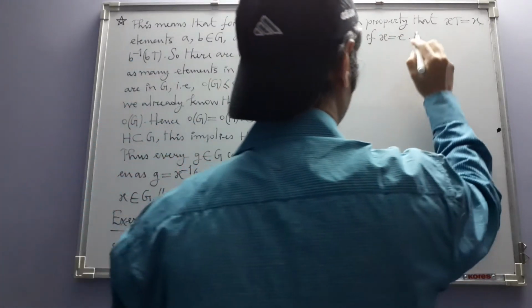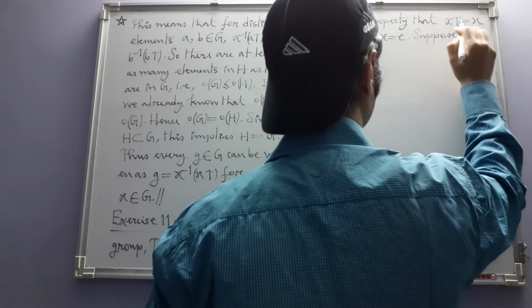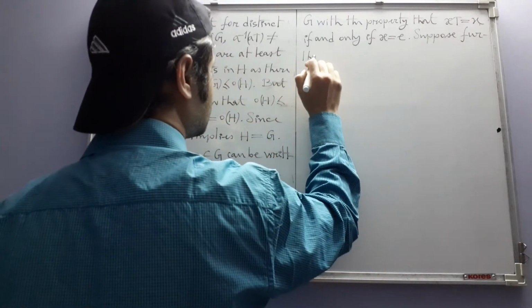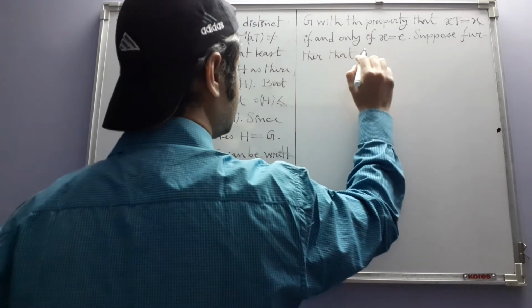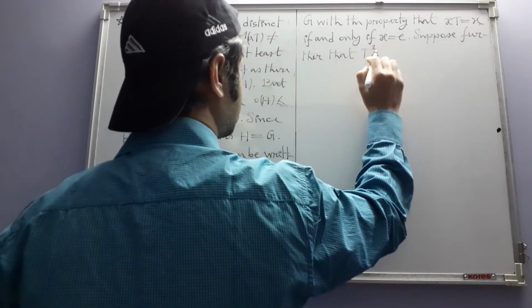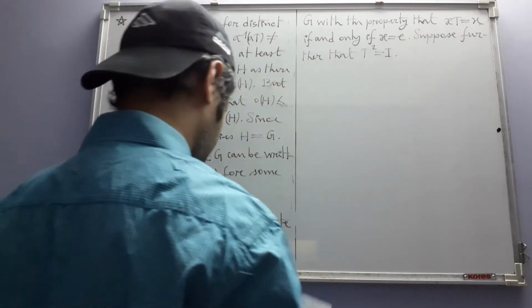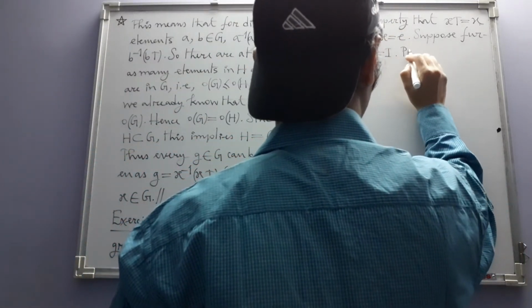Okay, that is understood, that's not written here. Suppose further that T square is the identity automorphism. Prove that G must be abelian.